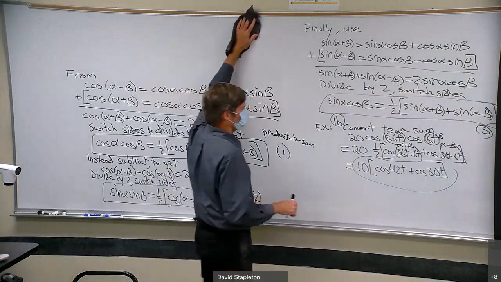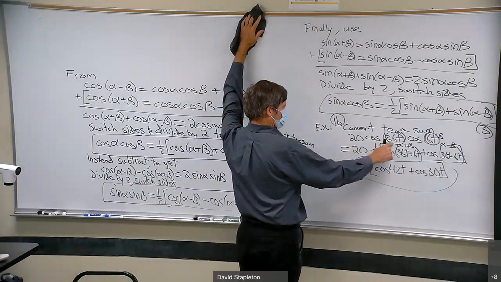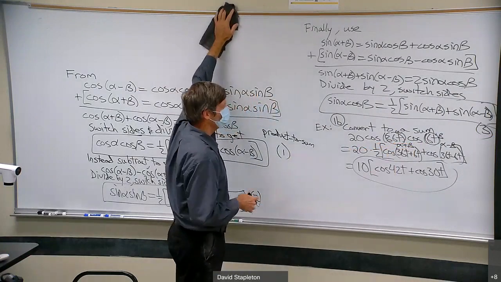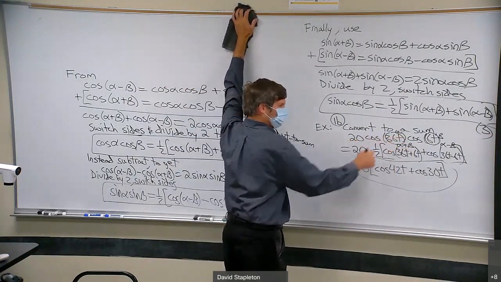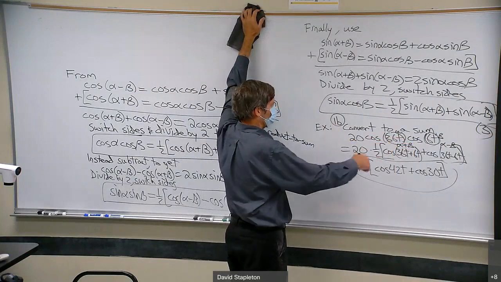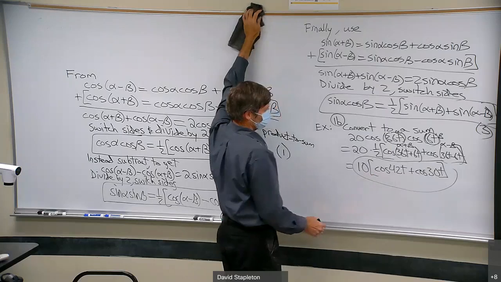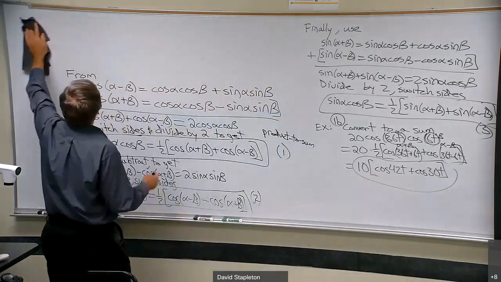Like suppose I wanted to graph this thing, 20 cosine 36t cosine 6t. I could have an idea in my head what it looks like. Not from this. How do I multiply two waves? Each one I know what it looks like, but what's their product look like? I might figure it out easier from the sum, right?